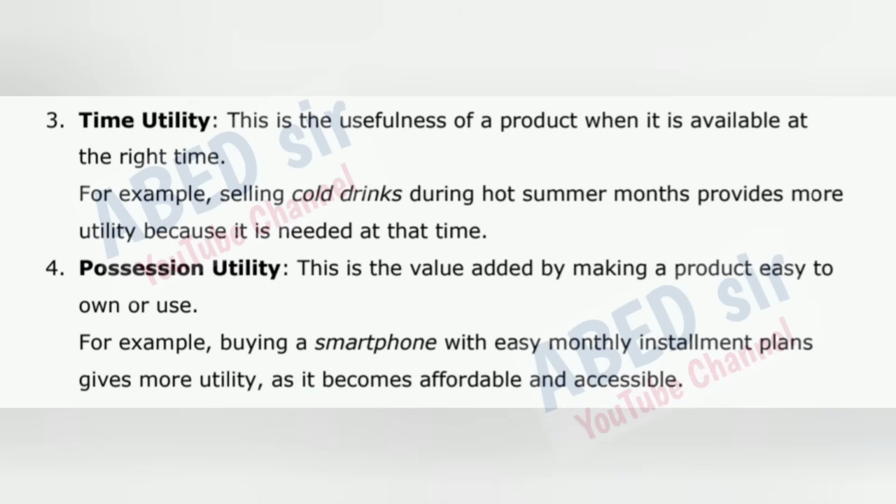For example, selling cold drinks during hot summer months provides more utility because it is needed at that time. 4. Possession utility. This is the value added by making a product easy to own or use. For example, buying a smartphone with easy monthly installment plans gives more utility as it becomes affordable and accessible.